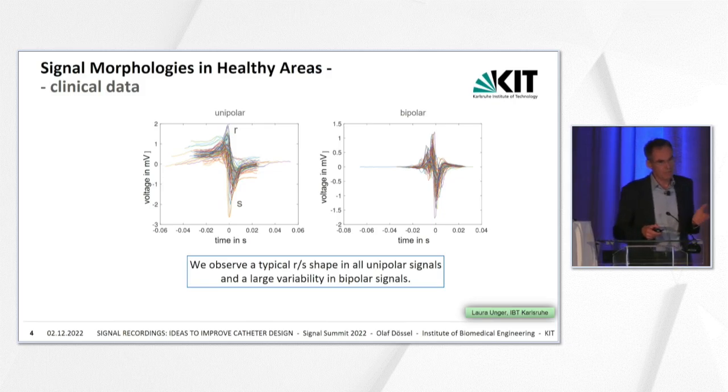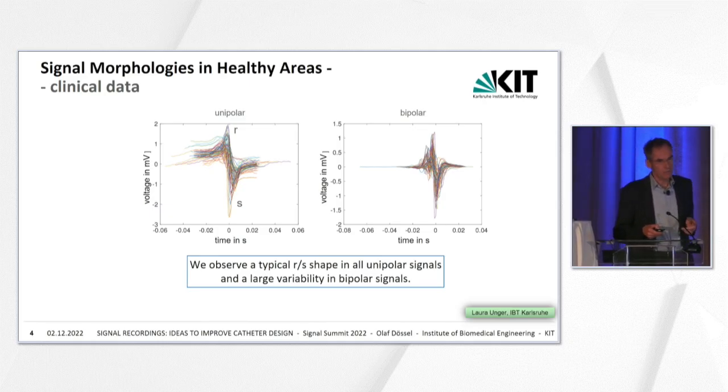This is from a study where we had, I think, 100,000 electrograms and made a cluster analysis. So real clinical data, not simulated signals, and we see this unipolar signal and the bipolar signals. We see the same morphology that we have just seen in our simulations.